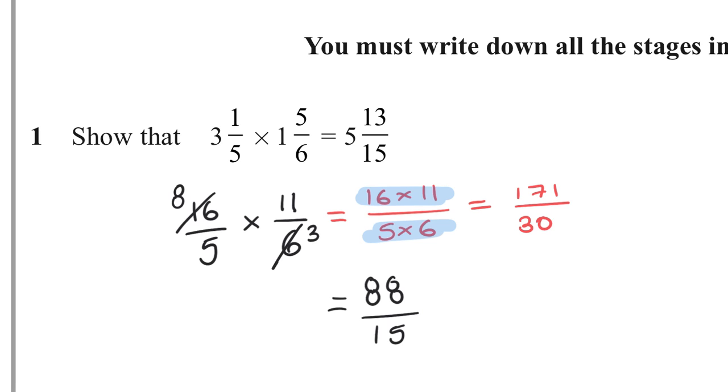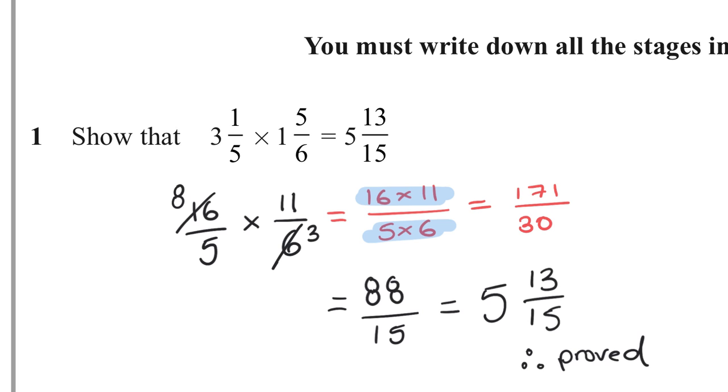How many 15s go into 88? 5. 5 is going to give me 75. How many is left over? 13 over 15. And then if you want to, you can write therefore improved.